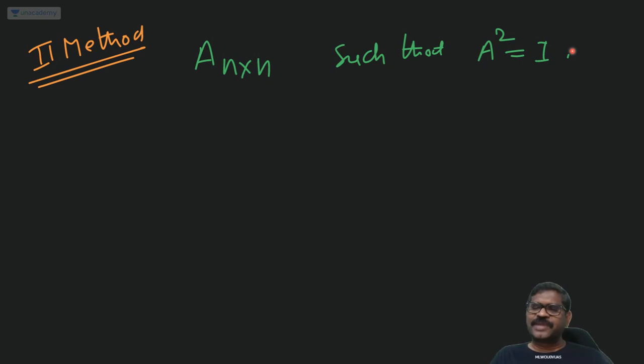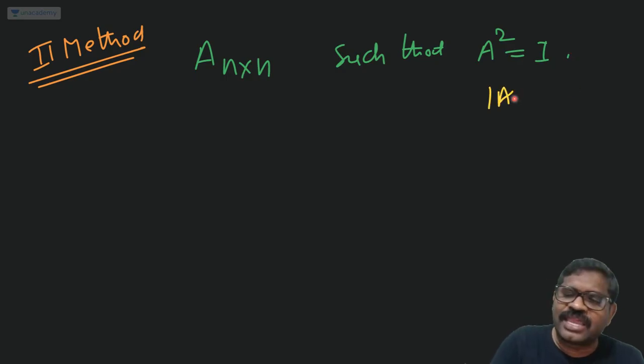That's why I am explaining the second method. A is an n cross n matrix such that A square equal to I. If A square is I, determinant value of A is either 1 or minus 1, that is, det A is not equal to 0.